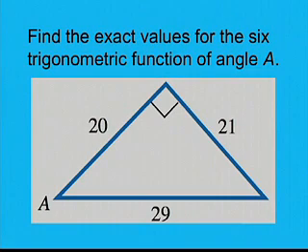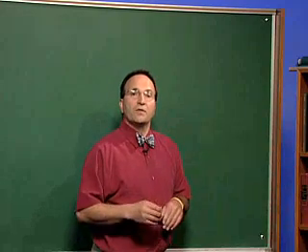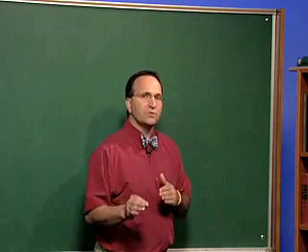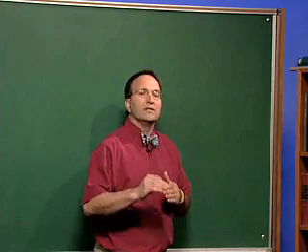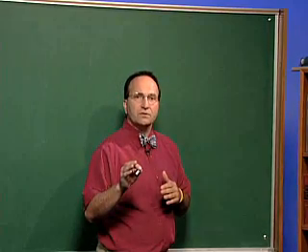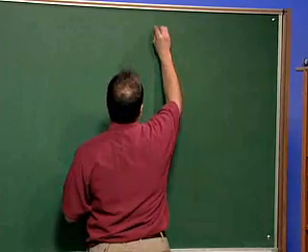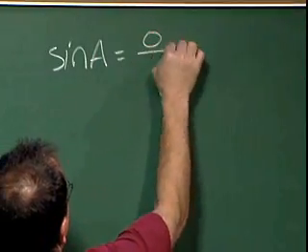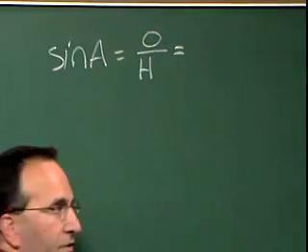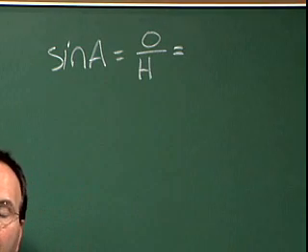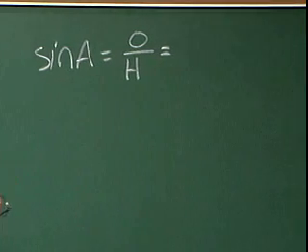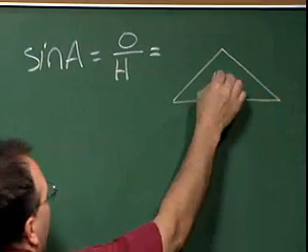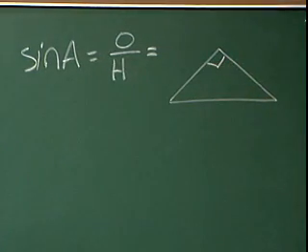So, using our new definitions, we know that the sine of angle A is equal to the side opposite it divided by the hypotenuse. When we look at our diagram, let me draw that diagram for us. We have a triangle in which this is the right angle up above.